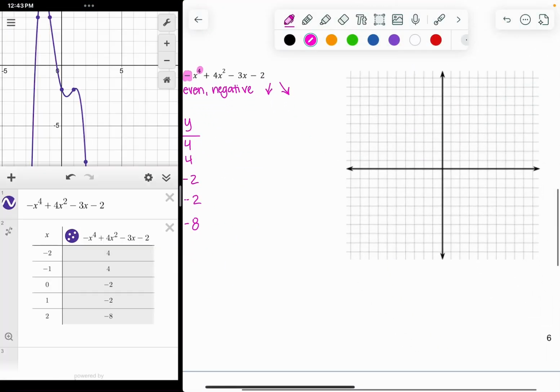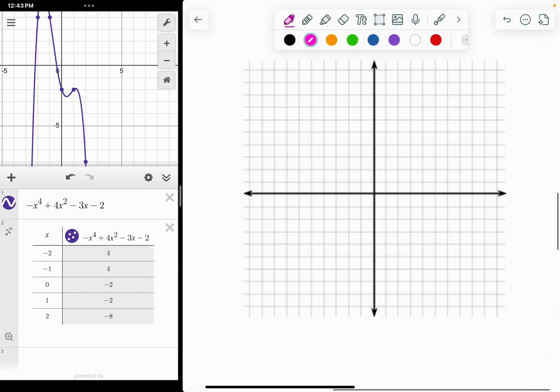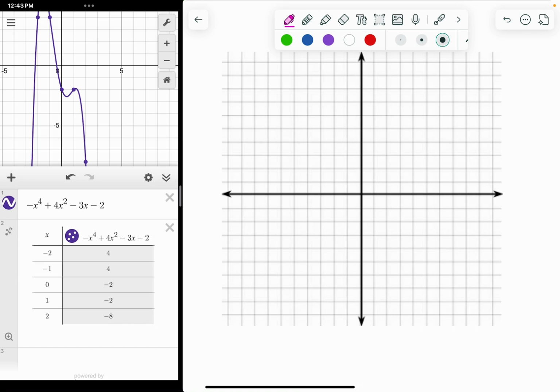So again, I can go ahead and graph that same thing, right? -2, 4, -1, 4, 0, -2, 1, -2, and 2, -8.